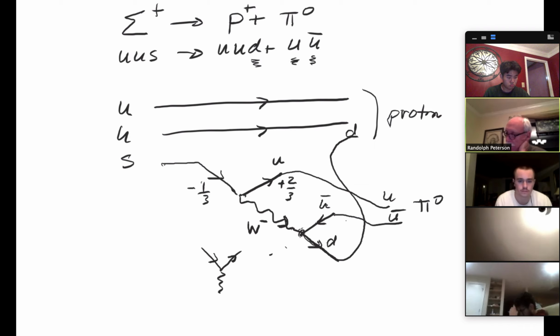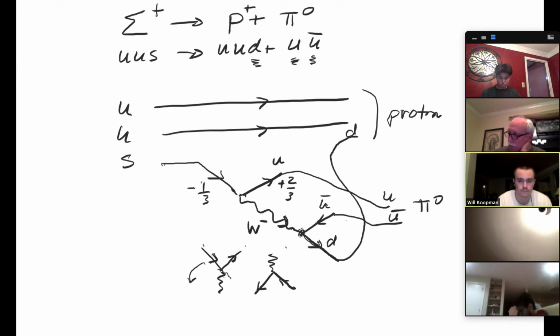If I turn that upside down, so if I rotate, this one would be pointing out, this one would be pointing in. So here you have a particle coming in, a particle going out, and a W. Here you've got an antiparticle going out.